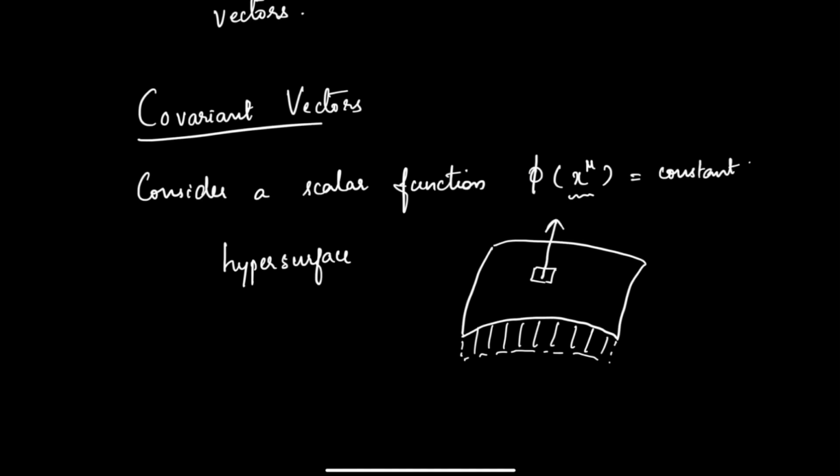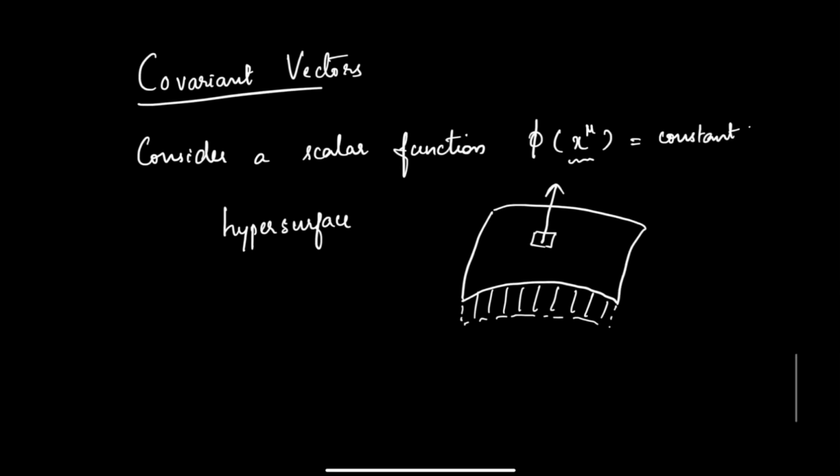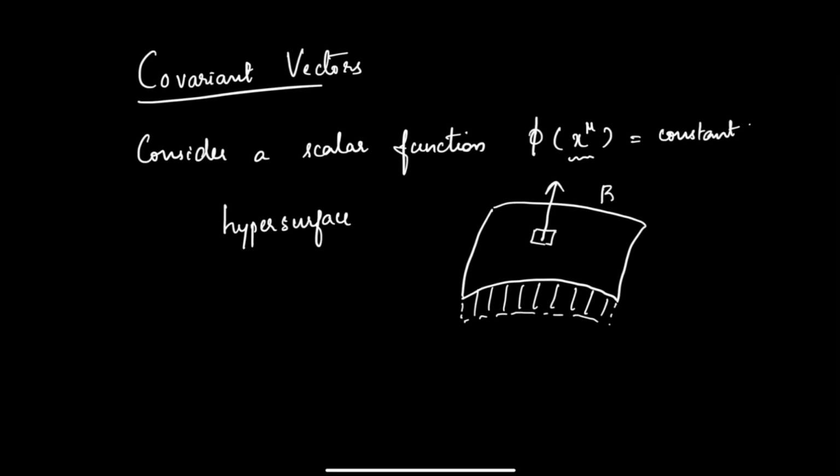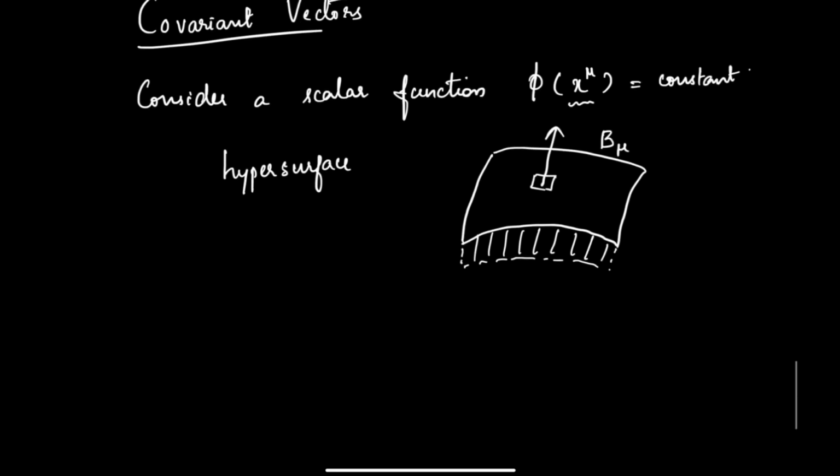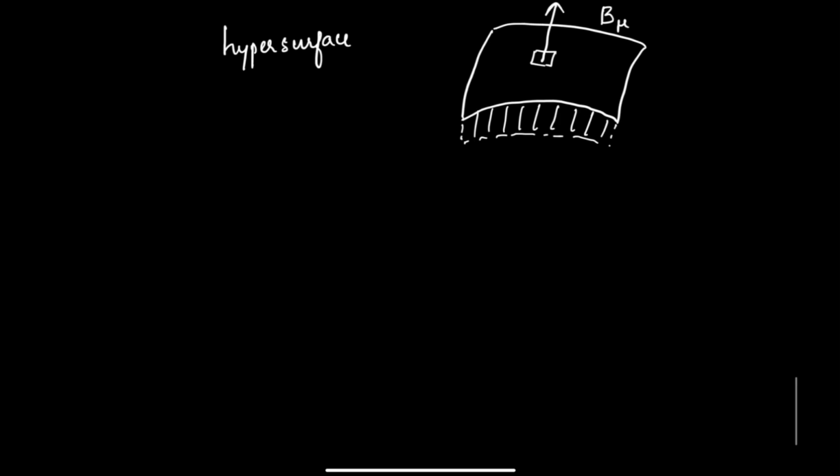So I'll write like this. This is the normal to the hypersurface, and I am representing this normal as B mu. And the normal is defined as the gradient of the scalar. So I can write the derivative of phi of x mu with respect to x mu as the gradient of a scalar.